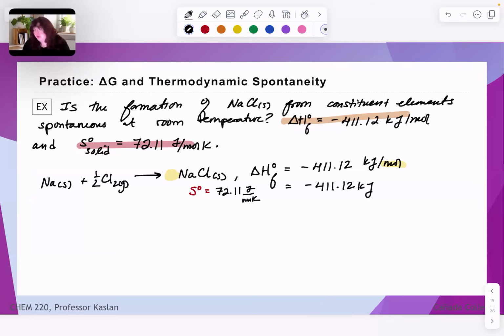It's the third law of thermodynamics. We have a huge amount of order, so the standard entropy is 0 joules per mole Kelvin. And then I believe that chlorine gas, don't know why I want to insist on calling that something it is not. Let's see here, Cl2 gas, it's in its elemental state again.